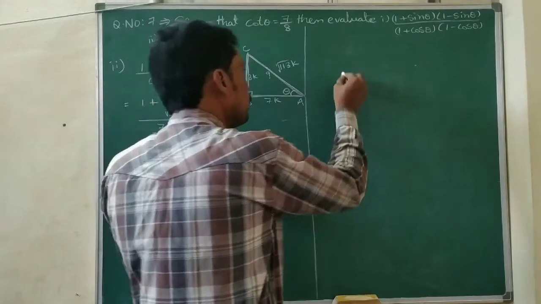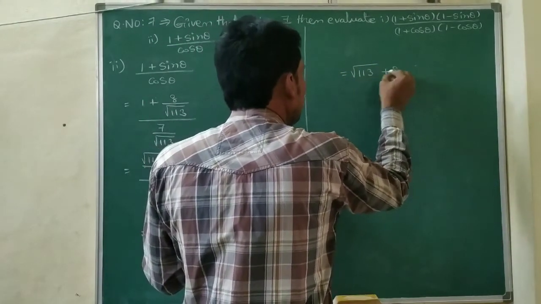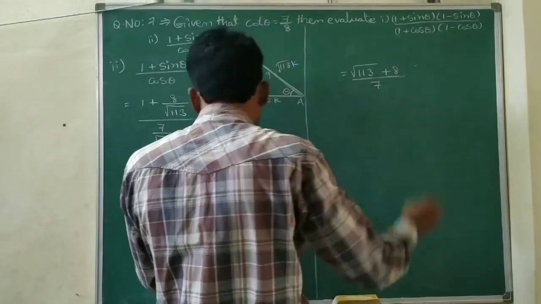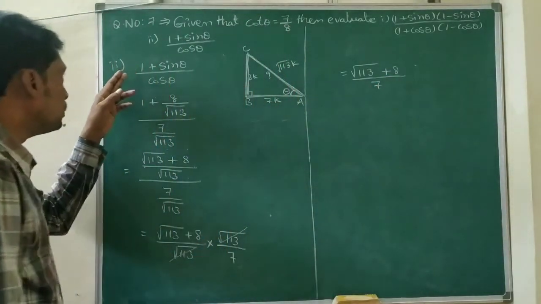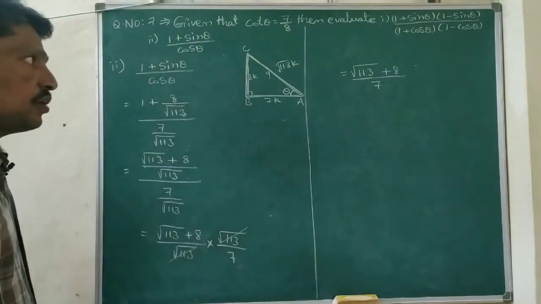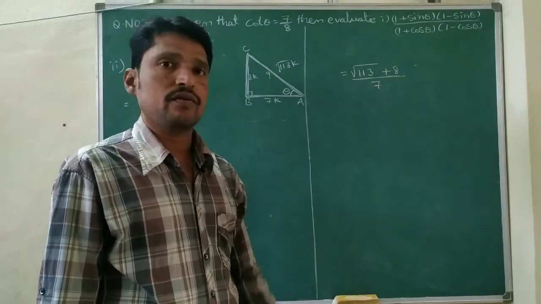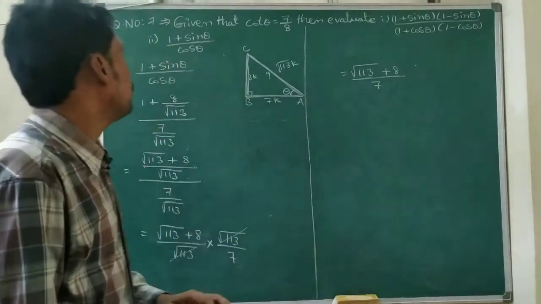What is remained, that one you can write: (under root 113 plus 8) whole by 7 is the answer. So we got it here. Second problem also, (1 plus sin theta) by cos theta value we got: (under root 113 plus 8) by 7. This is the seventh problem.